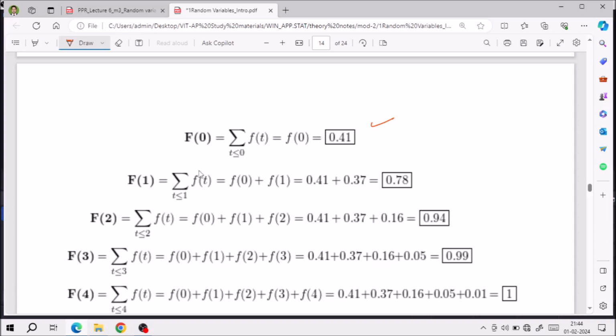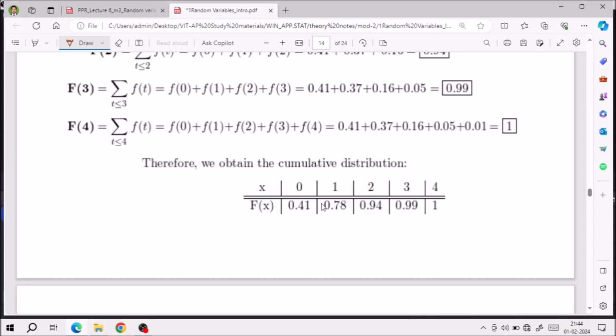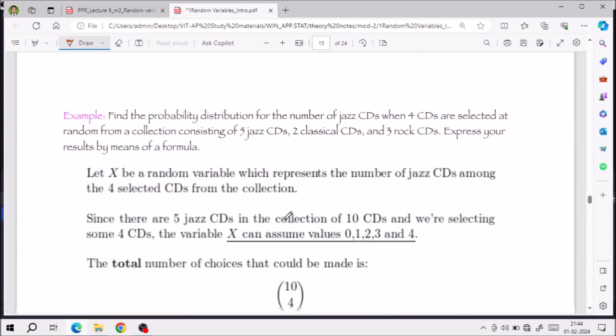Then F of 1 means the summation when t is less than or equal to 1, which means f of 0 plus f of 1. Put the values and get this. Likewise, go on adding and you will get the cumulative distribution function. So put this x and the corresponding capital F of x, and this is nothing but the cumulative distribution.